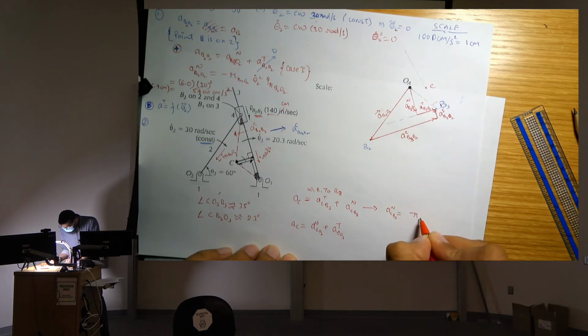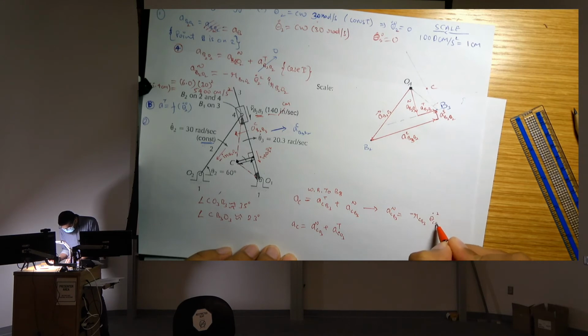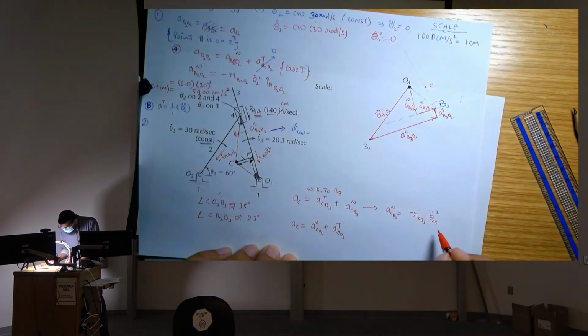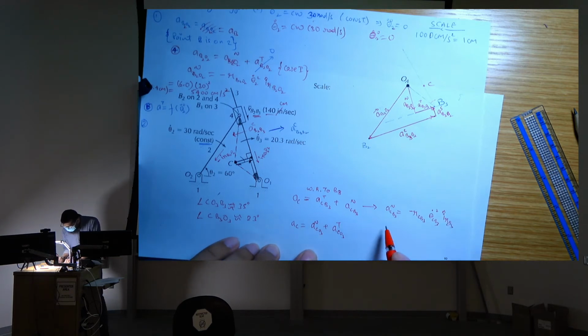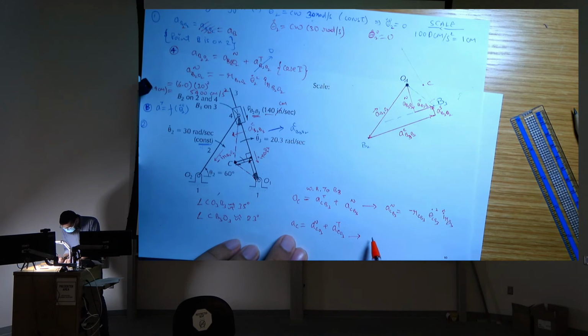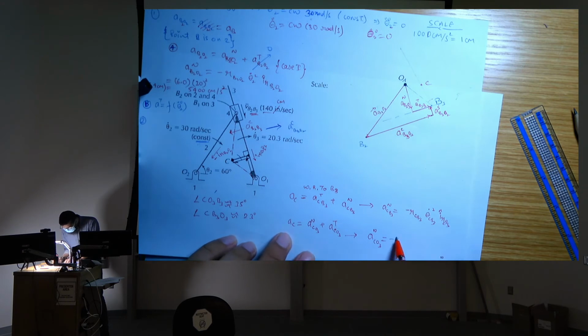It would be R_CB3 theta dot CB3 squared, and I'm calling this link the CB3 link, with direction along R_BC. And for A normal CO3, it would be minus R_CO3 theta dot squared CO3 in the direction R_BO3.